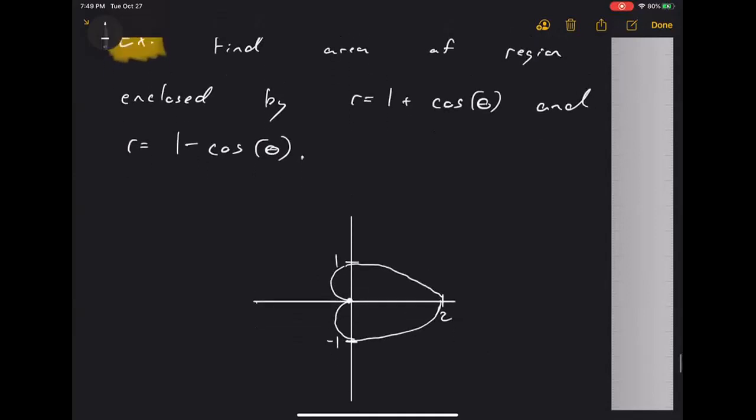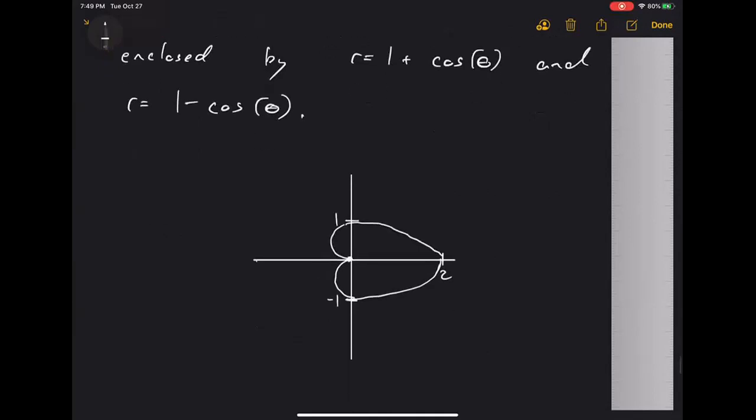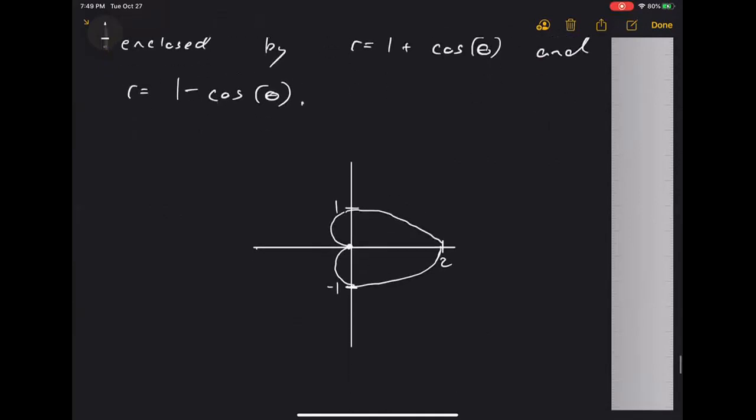What about 1 minus cosine theta? At theta equals 0, we're 1 minus 1, so we're at 0, here. And then at theta equals pi, it would be 1 minus negative 1, so 2.